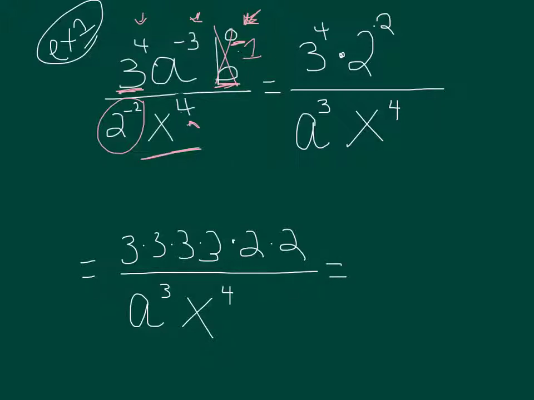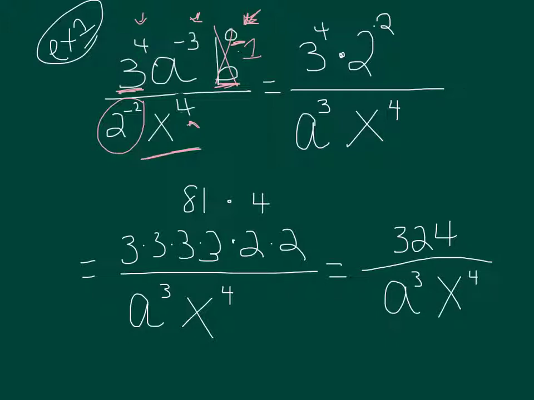So now if you just do the math in the numerator, it's 3 times 3 is 9, times 3 is 27, times 3 is 81, right? And then let's do 2 times 2 is 4. So if we do 4 times 81, we should get 324 over a to the 3rd and x to the 4th. And that's it.